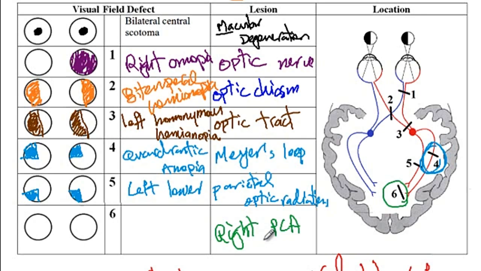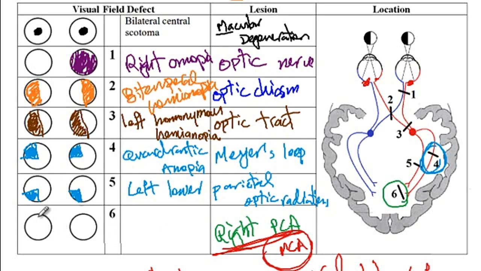But then one very important concept that you should be aware of is that the part of the occipital lobe that is responsible for the vision in the macula is being supplied by the middle cerebral artery. So even if you have lesion of the right posterior cerebral artery, and so therefore the occipital lobe is affected, the part of the brain that is responsible for vision from the macula will remain intact.